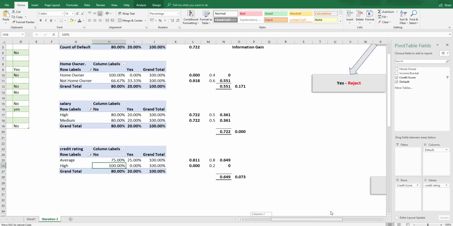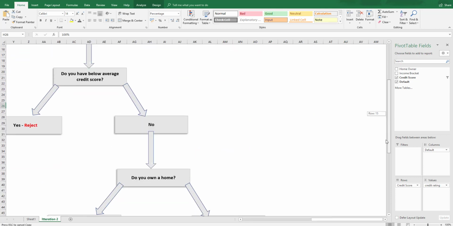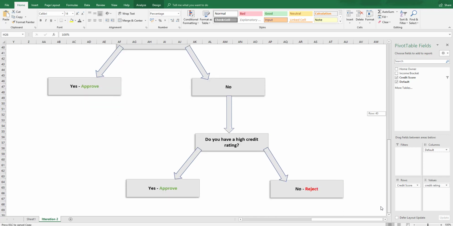So again, we can go back to our decision tree and we can say, do you have a high credit rating? If the answer to this is yes, then you can approve. And then you can reiterate your data and rerun it, or you can decide that anything else is a rejection. And that would end your decision tree.